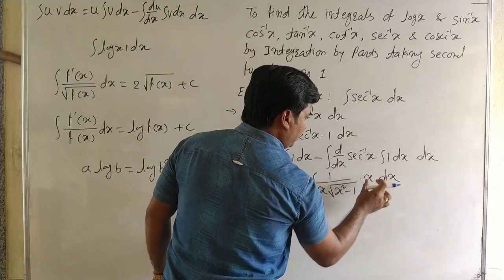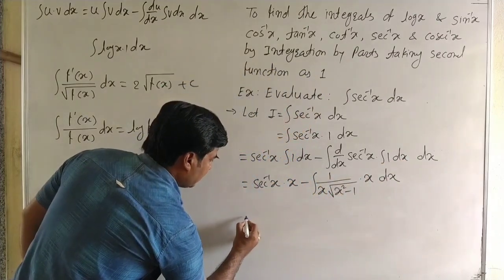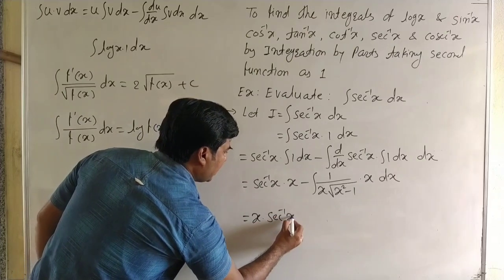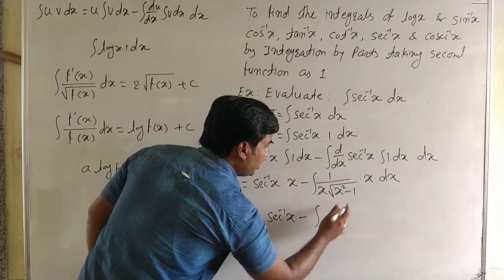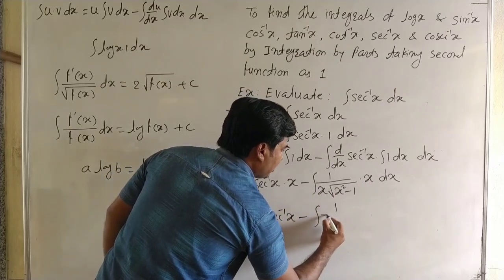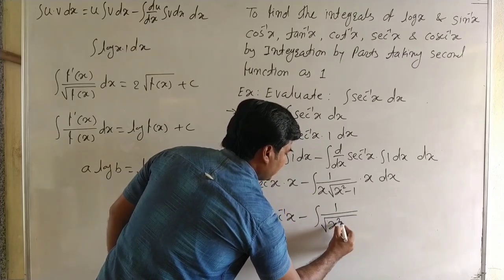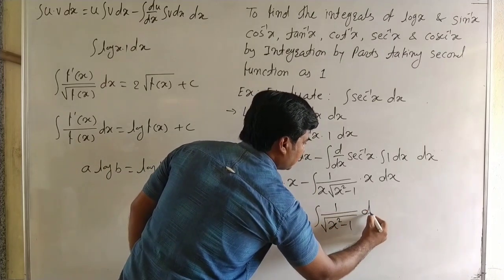Integral of 1 is x. Now this can be written as x into sec inverse x minus integral of, x gets cancelled, 1 upon under root x square minus 1 dx.